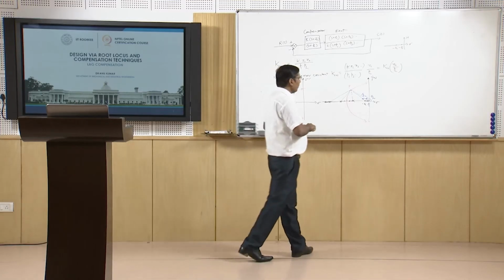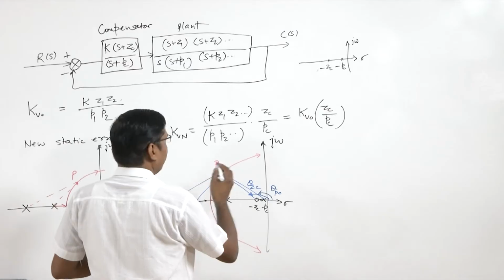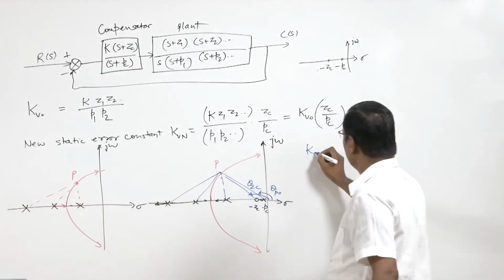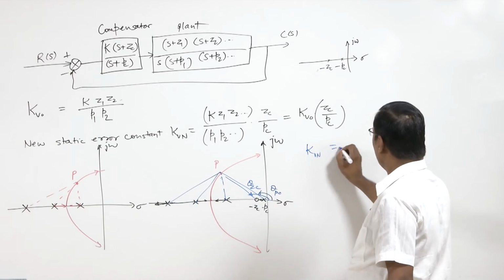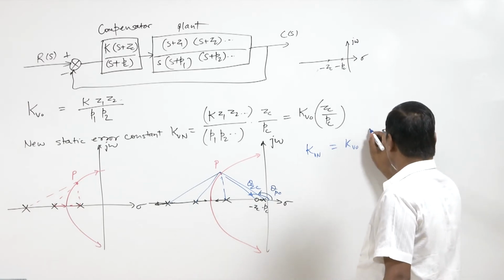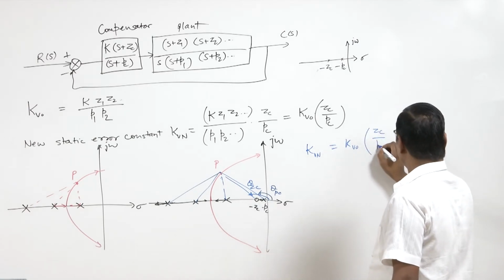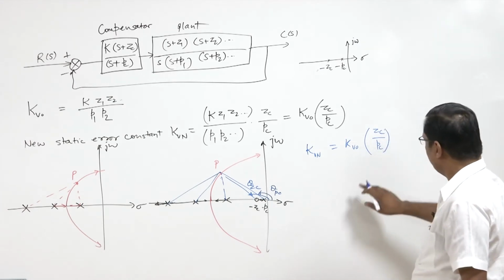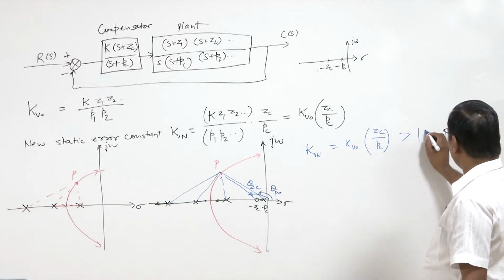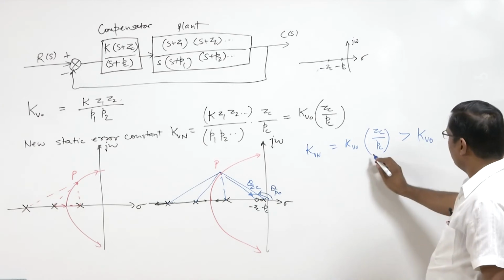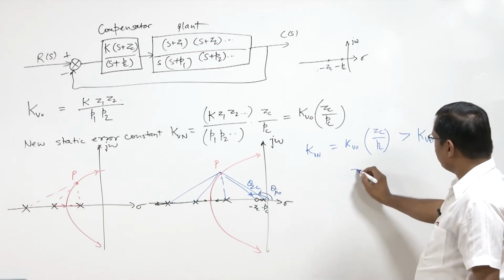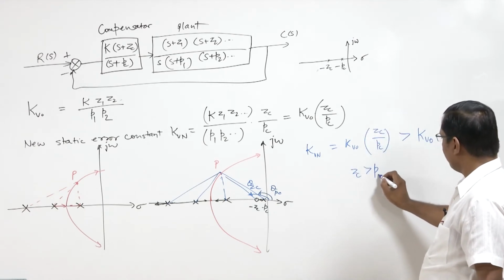So here we obtain this KVN equal to KV0 times ZC by PC, and that is greater than KV0. So we see that here ZC is greater than PC in magnitude.